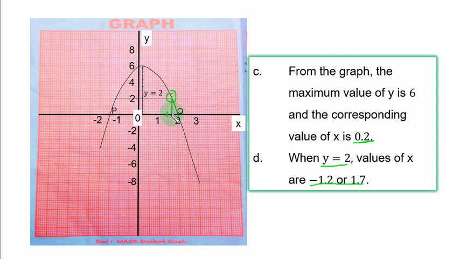So you should have 1.5, 1.6, and 1.7. So when y is equal to 2, the values of s are minus 1.2 or 1.7. That is the correct values of s.